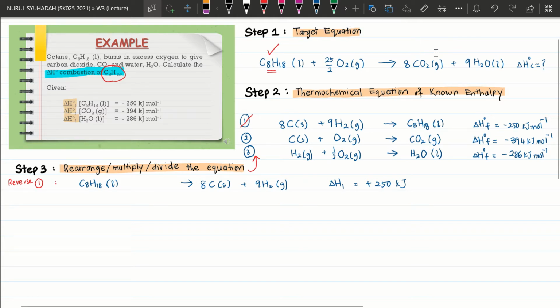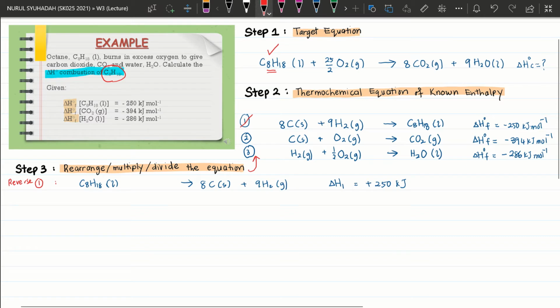Okay, the next species is carbon dioxide. Take a look at the target equation. Carbon dioxide is on the right hand side, on the product side, and we need to have 8 moles of carbon dioxide. So look at equation 2 and equation 3. Which equation has carbon dioxide?